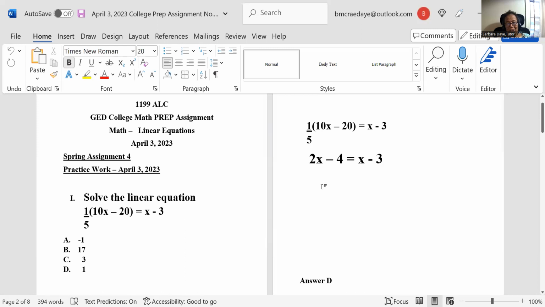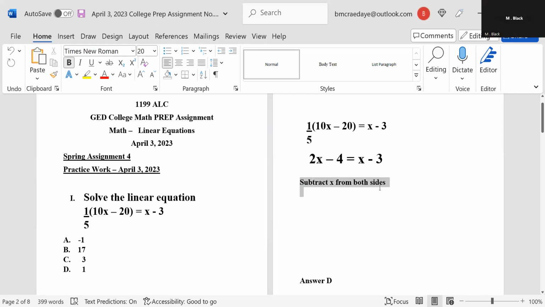You subtract x from both sides, not 2x. Remember, we want this 2x to stay right here where it is on the left. Subtract x from both sides. You see that, Mercedes? Yes, miss.